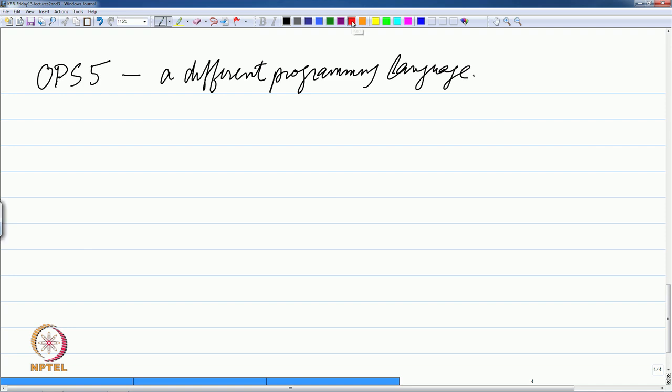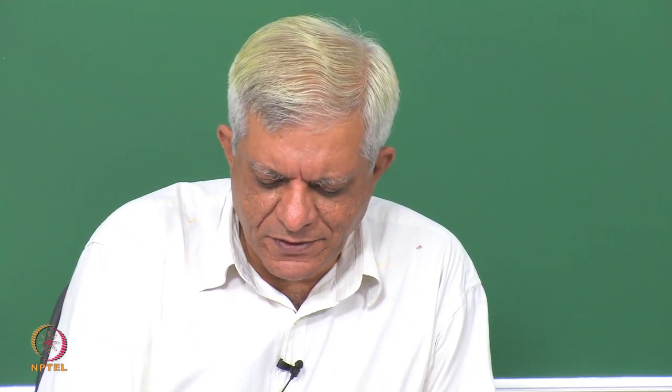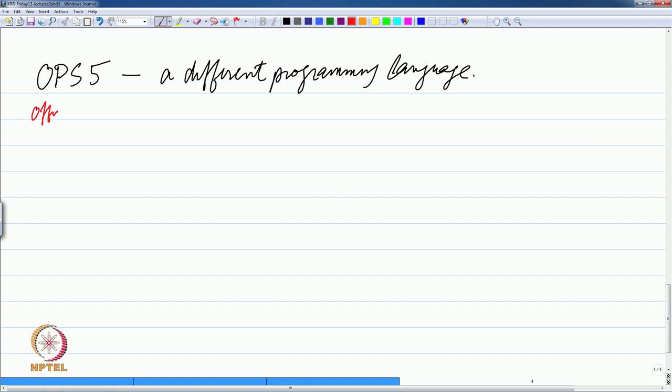So, a word about the word OPS5. As I have been saying, this whole work came from Carnegie Mellon University, CMU, started by Simon and Newell, and various people worked on it. OPS5 basically stands for official, or some people say it stands for production system language, and it gradually evolved over a period of time.